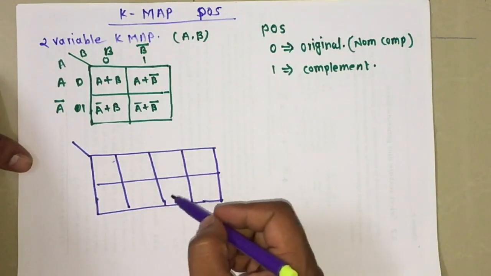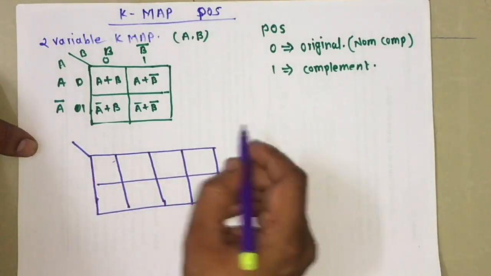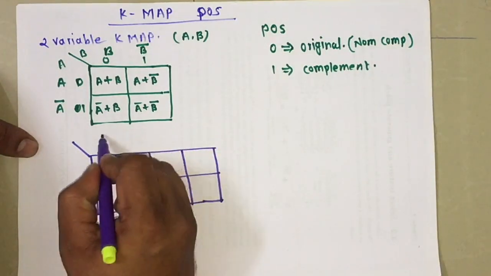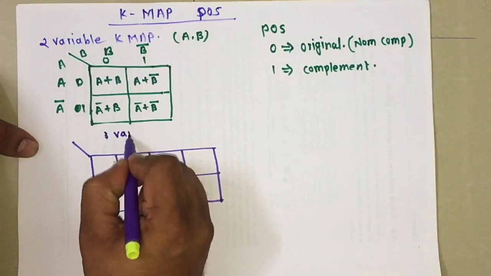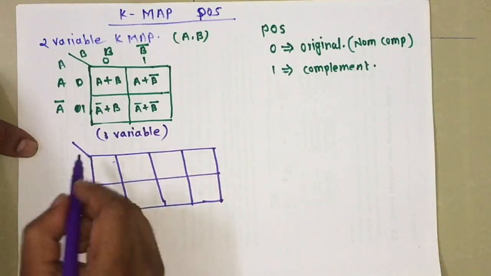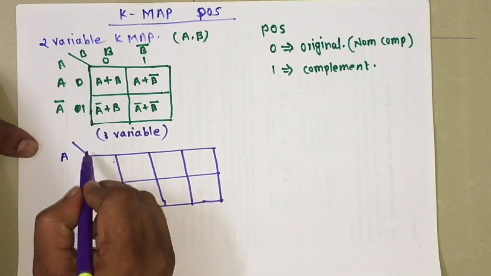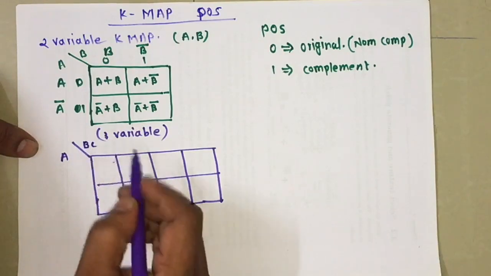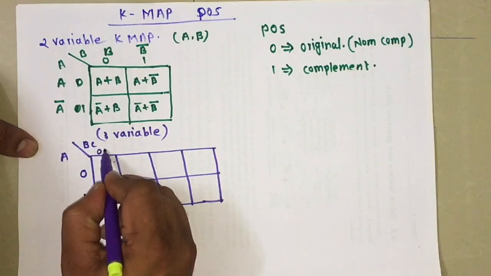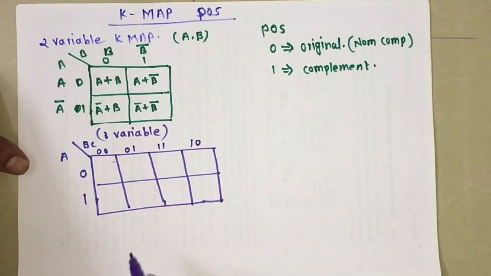So this is one of the ways to draw the K-map for 3 variables. Let us consider the input literals are A and on this side BC. These values are 0, 1. This is 0 0, 0 1, 1 1, 1 0.